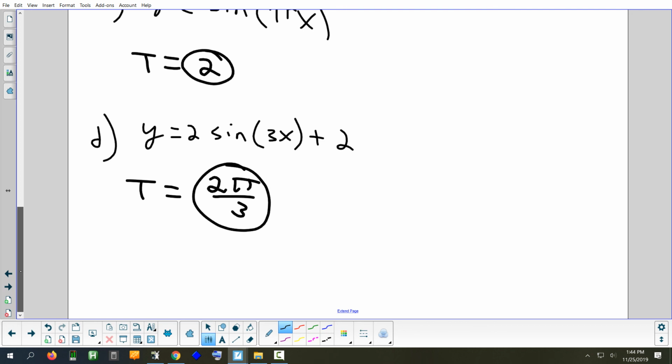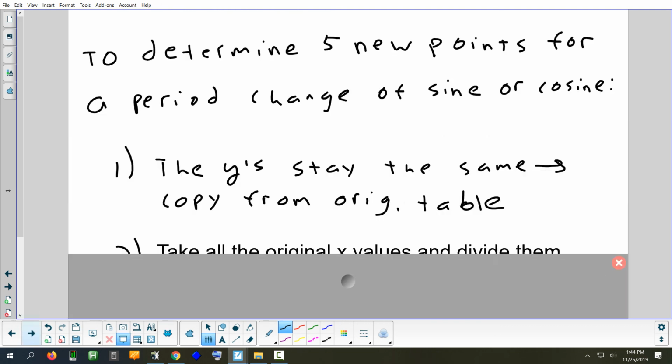So now, period change stretches or compresses the graph. Which way? Horizontally. Horizontally changes which values? X's. So the X's are going to change. We don't like when the X's change because that means we have to work with those values that are lousy. That means the Y's stay the same.